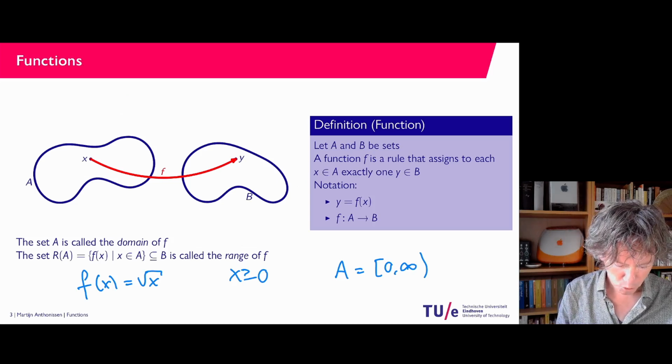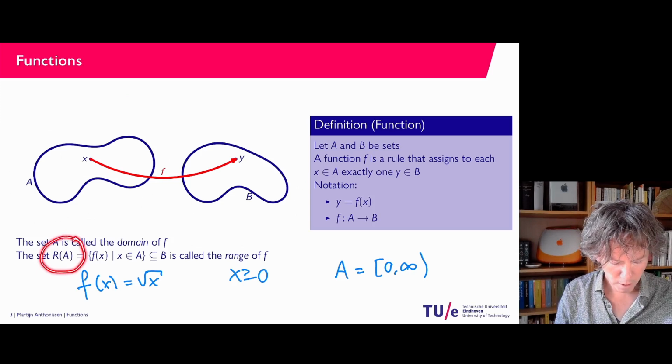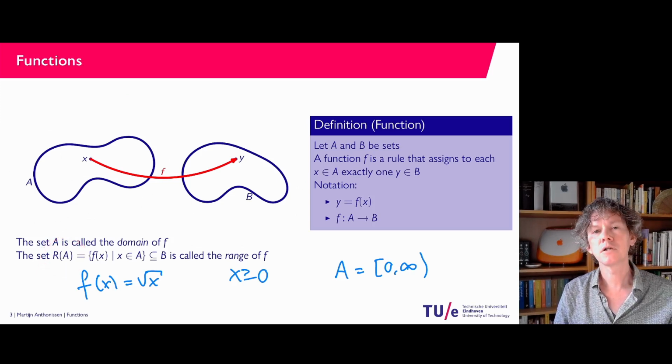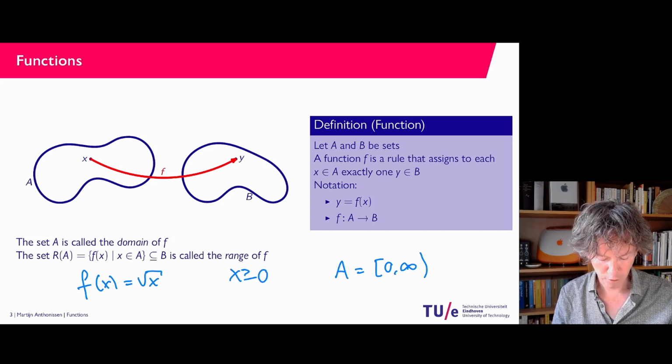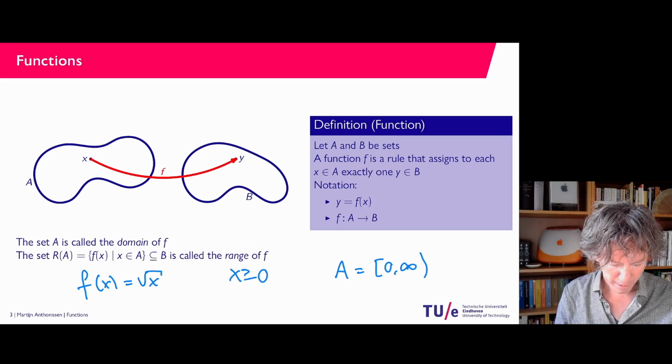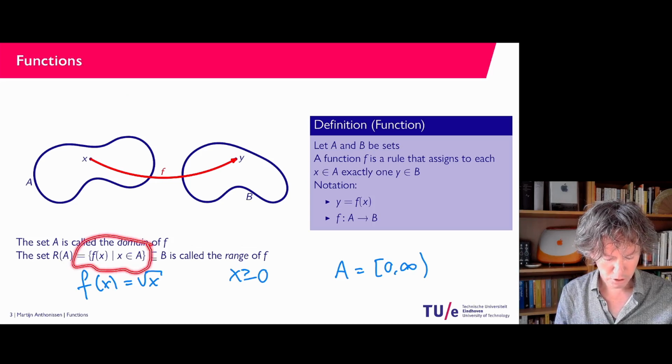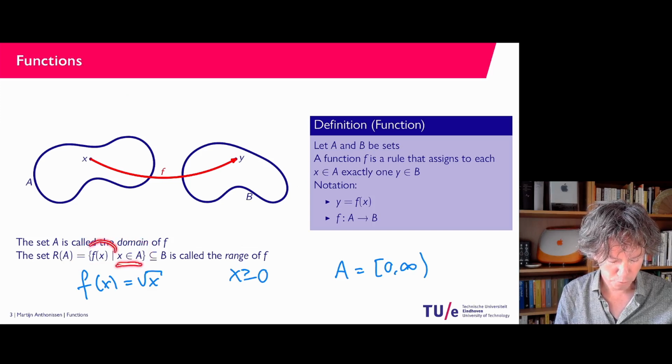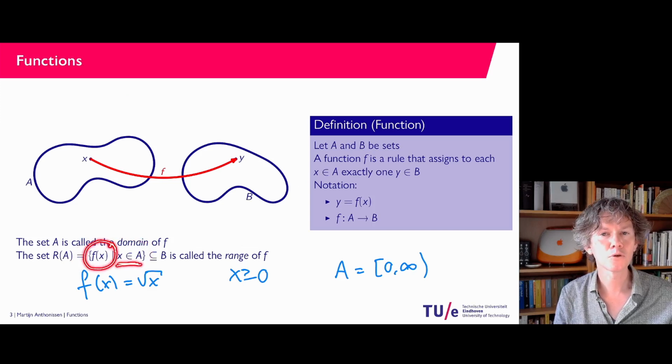And then there is one thing more here, the range R_A, and basically that's all the y values that are attained, that you reach with the function. So if you look at what it says here, we pick x values and then we compute f of x and we put them all together in a set.